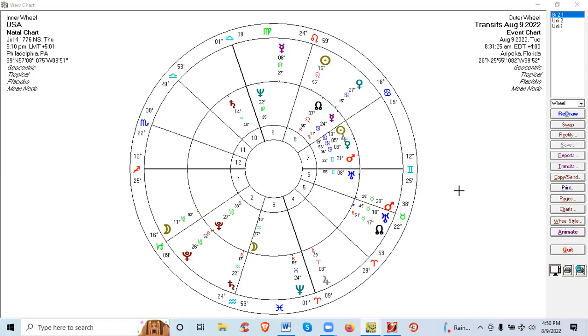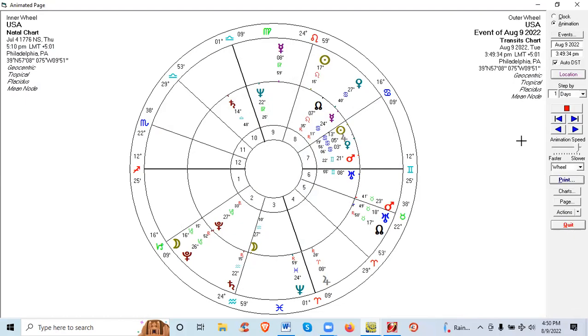Otherwise, you should be seeing the chart of the United States in the middle and the chart of today, the transits for today, on the outer side. All right, so this is today. And let's animate this. Hopefully you can see that. Hopefully it got bigger, and I'm going to move this ahead.